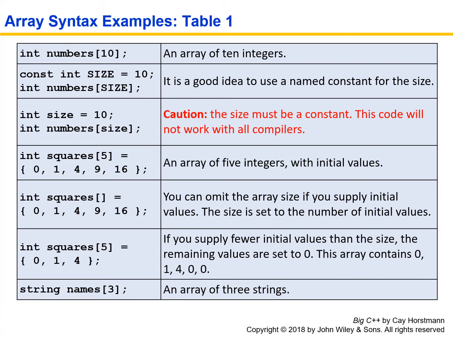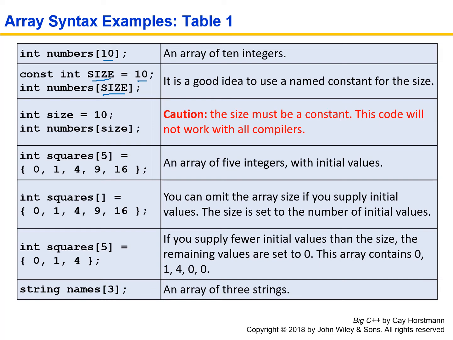Okay, here are some quick syntax examples. Here's a size 10 array of integer. It's often done in programming. It's considered good style to define a constant that holds the size of your array and then use that constant to define the array, and then whenever you want to refer to how big the array is, you've got that constant hanging around in memory.